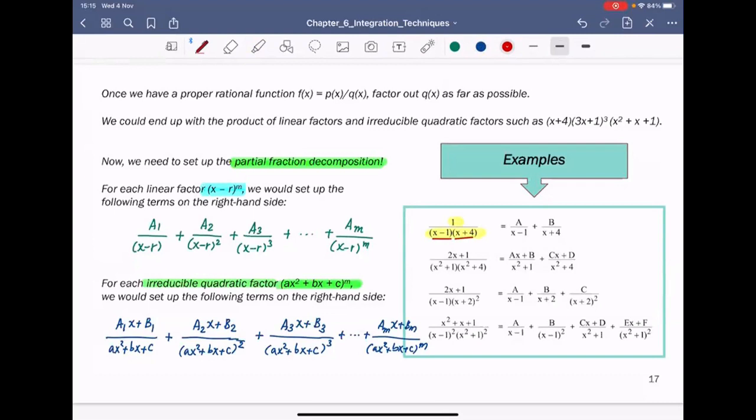So for x minus 1, I'm going to say this is A over x minus 1, and for x plus 4, I'm going to have B over x plus 4. Does it make sense? Next, if I look at the second one, I have x squared plus 1 and x squared plus 4 here.